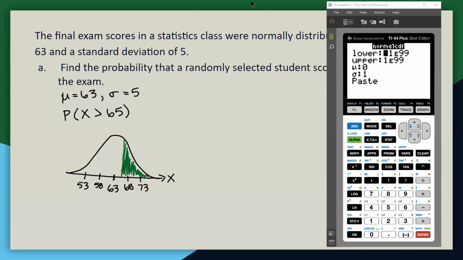And looking at that picture, my lower bound is that 65. My upper bound is the edge of the graph. It keeps going forever and ever. And I know if I've got a more than problem where my graph keeps going to the right forever, I should use 1E99 as my upper bound.